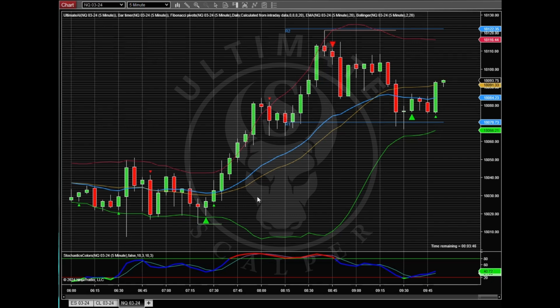It's really easy. Let's go over the large arrows first. There are three ways to take the large arrows, and we take them in the direction of the arrow. We have a green, so we're going to buy. The first way to take the buy on this large green is while this candle is being generated.